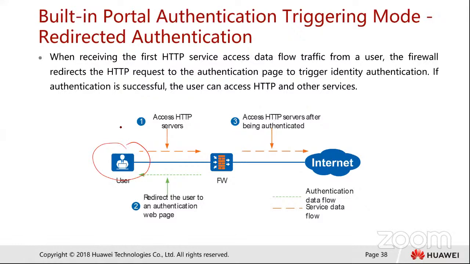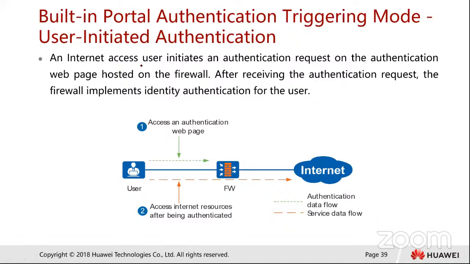So the user will try to access Google or Huawei.com or Zoom.com, and instead of directly accessing the page, the user will first be redirected to an authentication page where they'll provide their username and password. And if they are granted, then the server will give them access to the HTTP servers after being authenticated, and then they can access the internet.